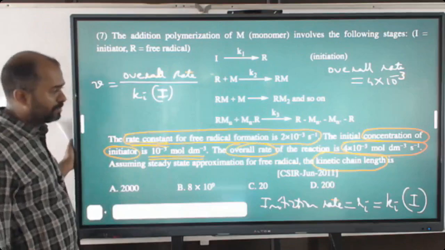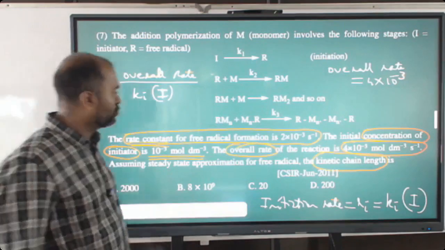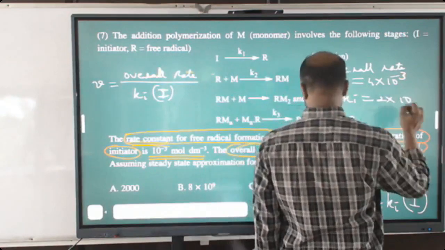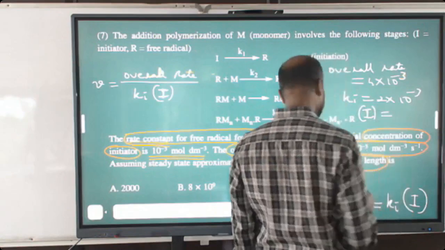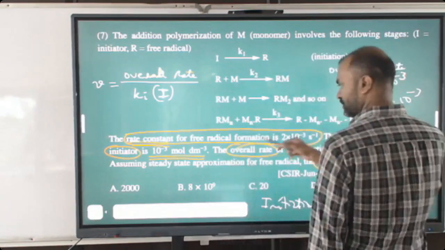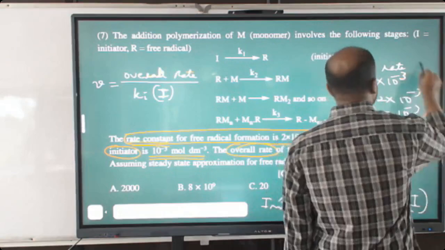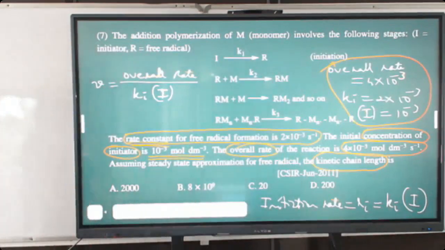K is the rate constant of initiation, that is 2 into 10 to the power of minus 3. And initiator concentration I is 10 to the power of minus 3. In the question, overall rate is given, the initiation rate constant is given, and concentration of the initiator is also given.